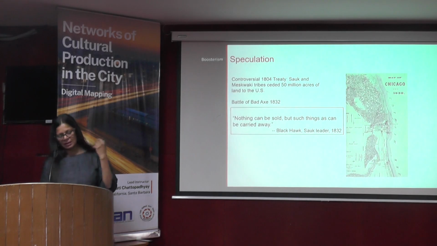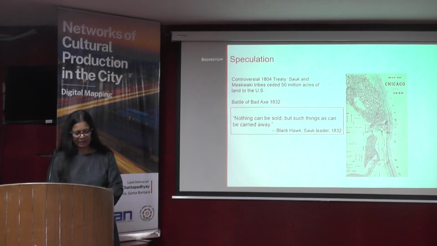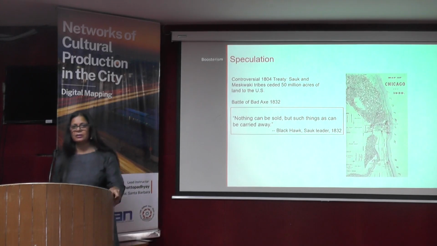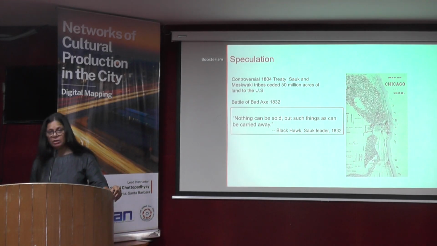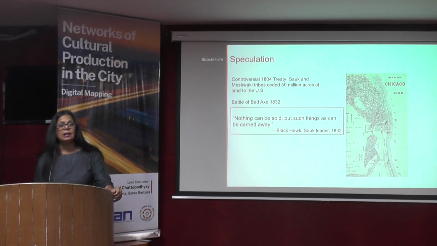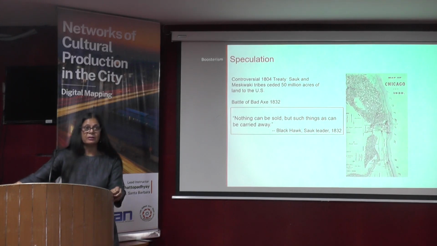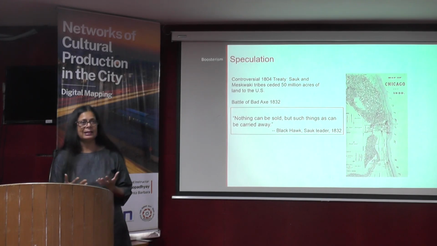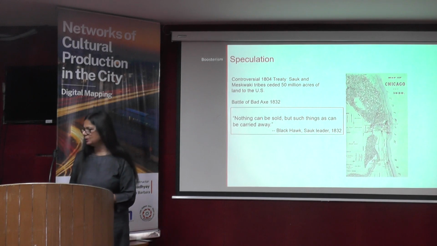And Black Hawk, the Sauk leader, argued that what cannot be carried away cannot be sold. Well, he was clearly wrong, because both the US federal government and local speculators made sure it could be sold. In other words, the idea that if you cannot carry it away, you cannot sell it, you cannot alienate it. Well, land was clearly alienable.